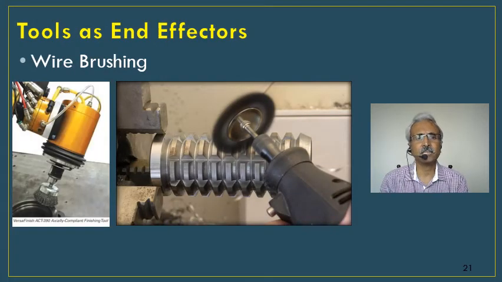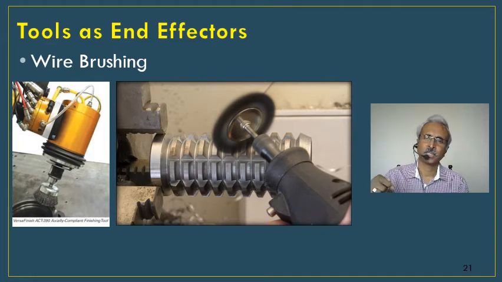And third is about wire brushing. Again, in most of the machining operations, one of the problems is the burrs, which occur on the surface of the component. And of course, maybe when you did the normal welding in your workshop in your first year or second year, you might have used the wire brush, which you apply on the surface to try to remove the burrs.